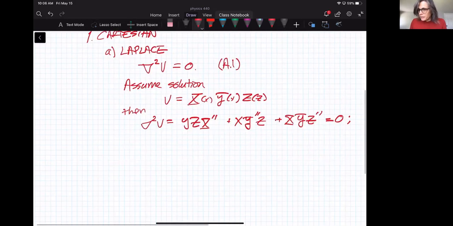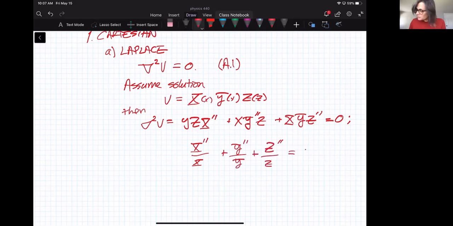Which means that we can divide everything through, and we get the usual form of X double prime over X plus Y double prime over Y plus Z double prime over Z is equal to 0.